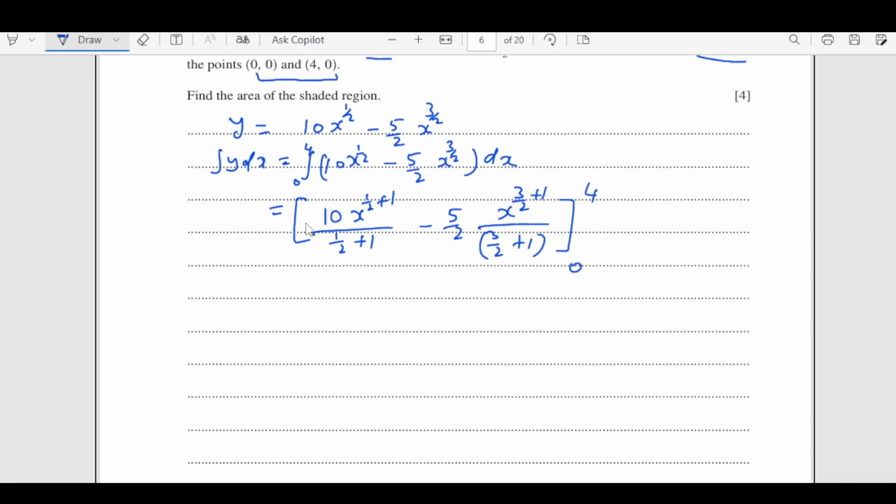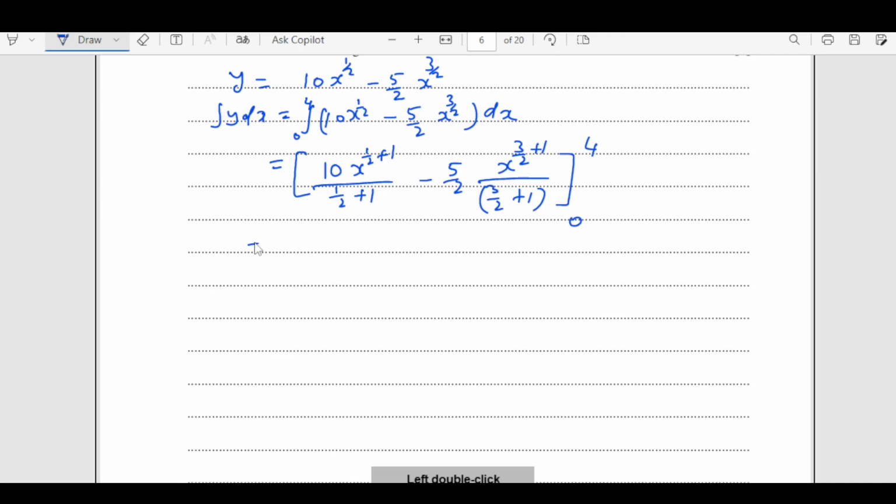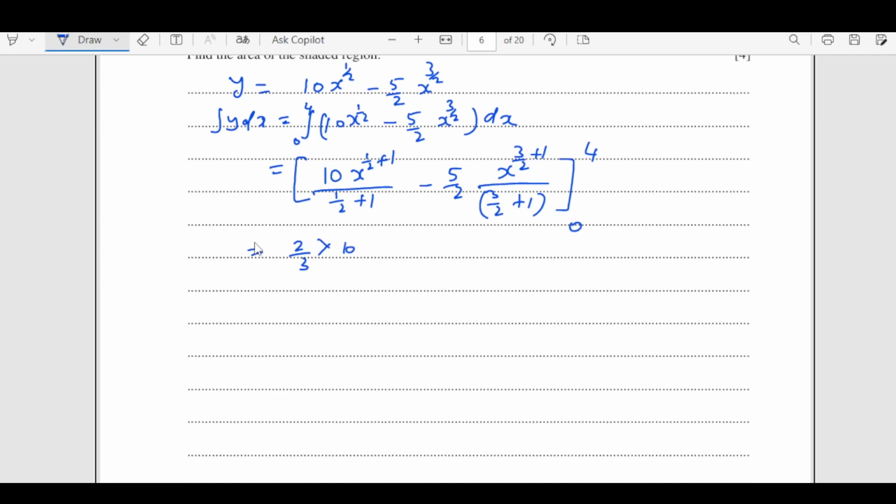Now let us simplify. This is going to be 2 over 3 times 10 x raised to power 3 over 2, minus 5 over 2 times 2 over 5, because this is 5 over 2 and it will be the reciprocal over here, and then we have x power 5 over 2, and the limit is from 0 to 4, right.